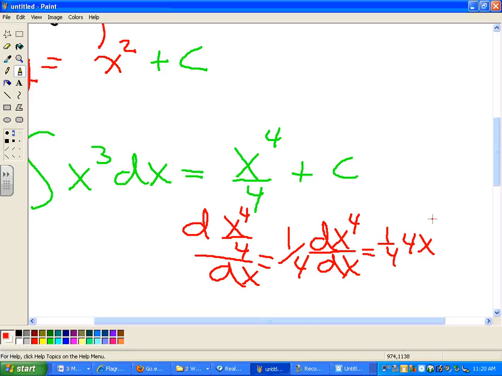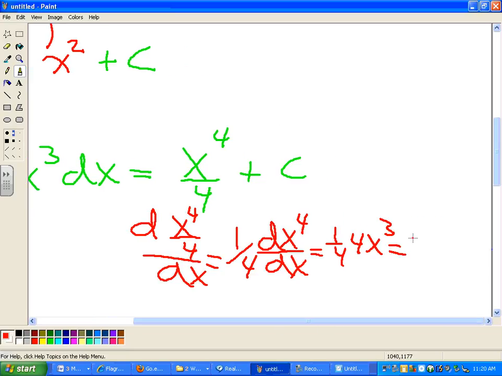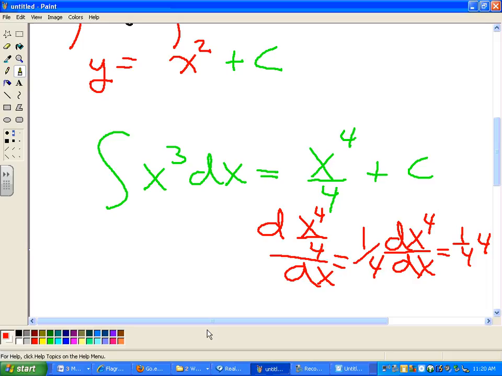The 4 would come out in the front, the power would drop by 1, and we get 4x to the third. Does that bring back memories from way back in December? All the way to last year. Wow. So it's 4 times x cubed, and what is 4 divided by 4? Which you will notice is right here.